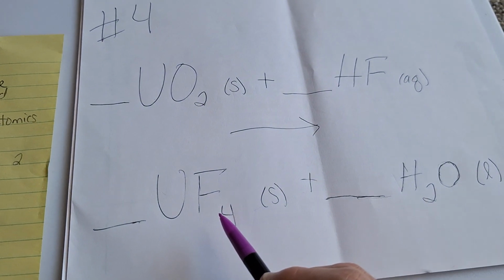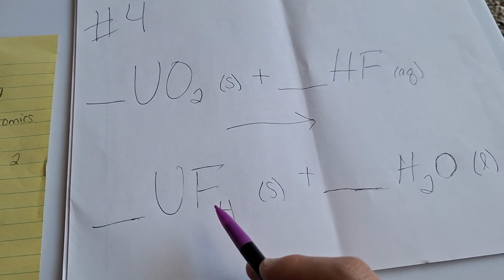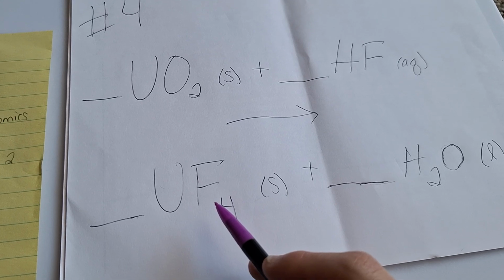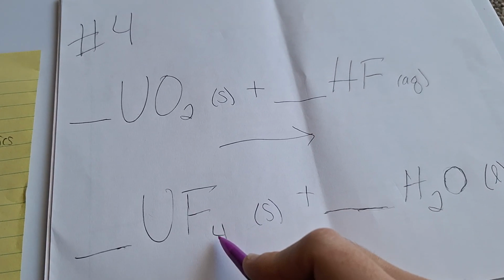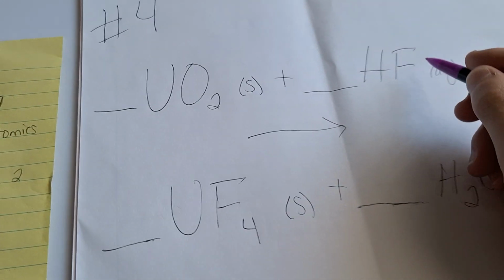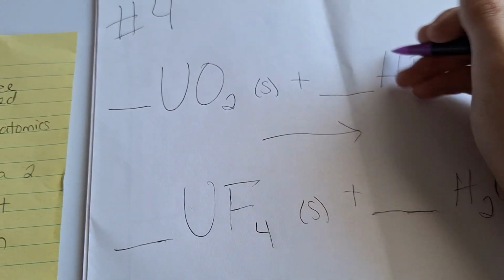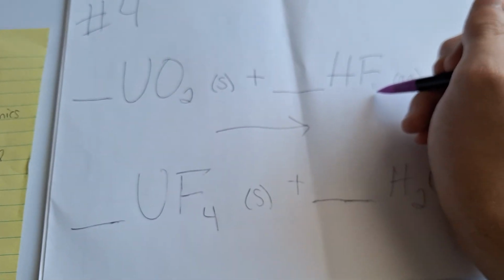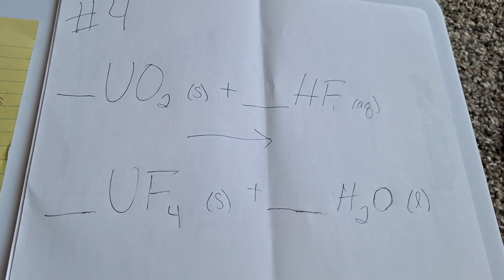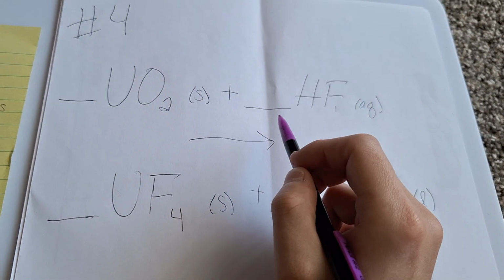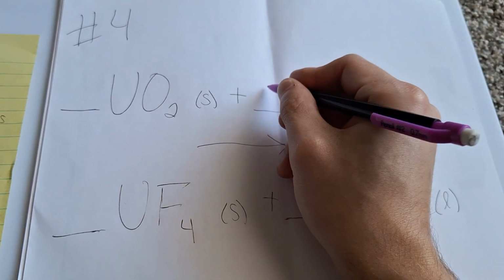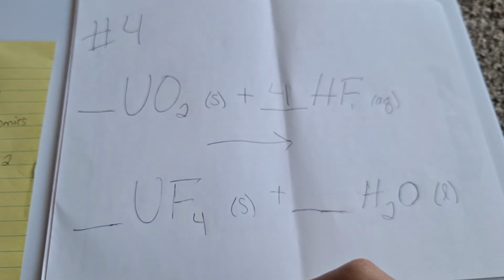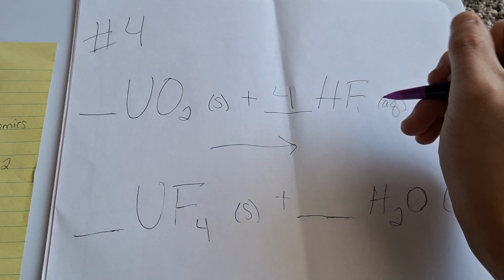So, F has 4. So, jumbo subscript. So if F has 4 on the product side, now we have to figure out what times 1 is equal to 4. Well, that's 4. So we have 4. So now our F's balance out.